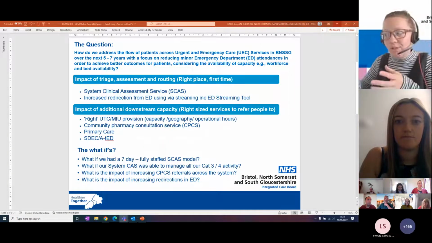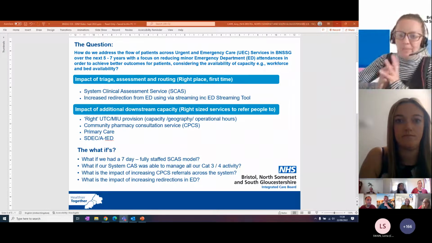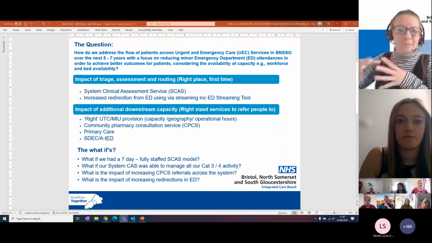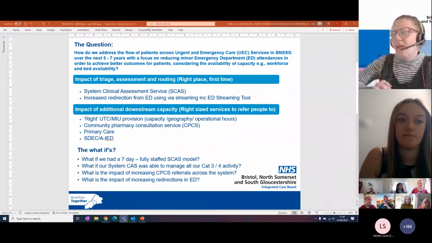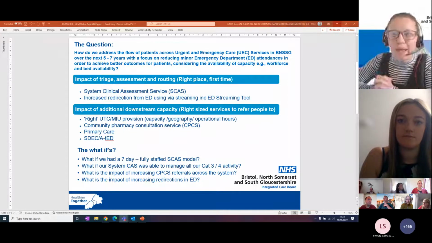Are they open the right hours? Are they in the right geography? These are really big questions where we'd like to stop making assumptions and have more evidence behind us. And then looking at the opportunities of improving our community pharmacy consultation service capacity.